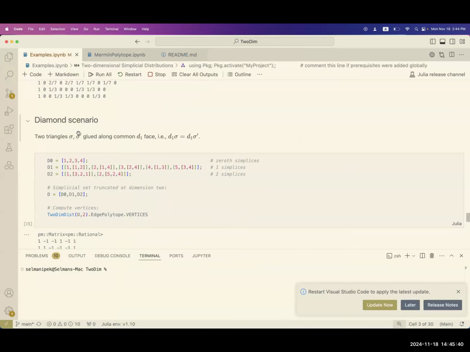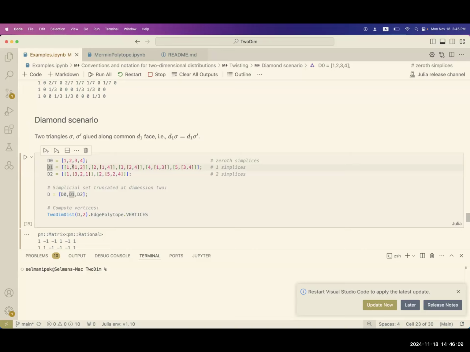So the diamond scenario is going to be two triangles glued along, in this case, just the D1 face. It's precisely the same picture that I had before. So what do you need to do? You can identify the four vertices. In fact, the vertices can all be identified usually. It doesn't matter too much because what matters is the face relations up until the one faces. So these are now the edges.